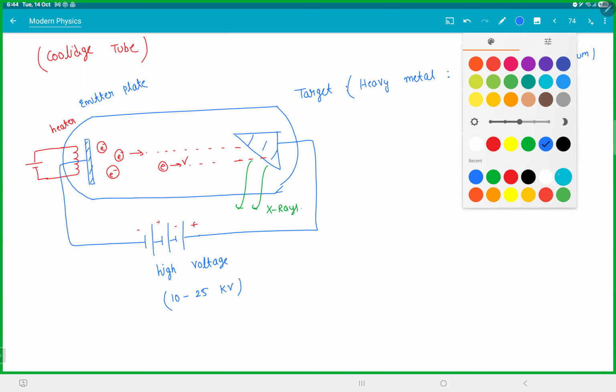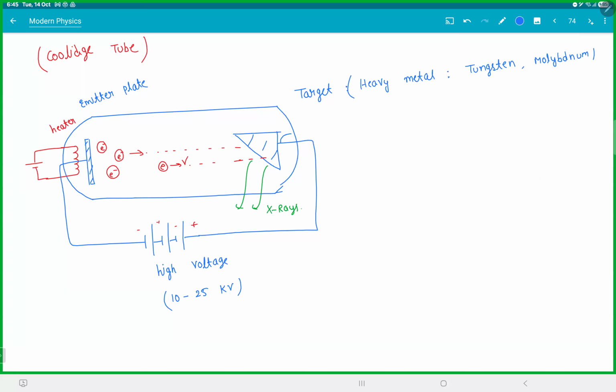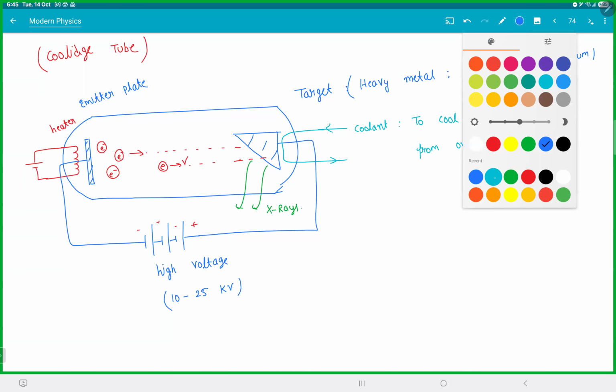Now, when you're colliding this with a lot of electrons, because of collision, it gets heated up. So you have a coolant also. Maybe you're pumping water or some kind of thing. So you have to send a coolant in order to cool the target material, to cool the metal from overheating. So what is happening?